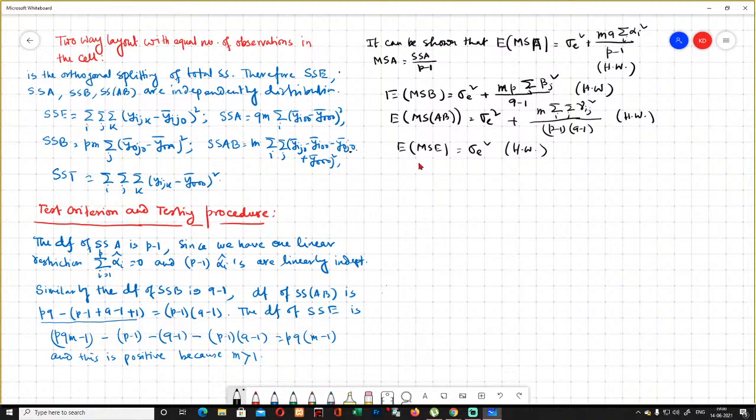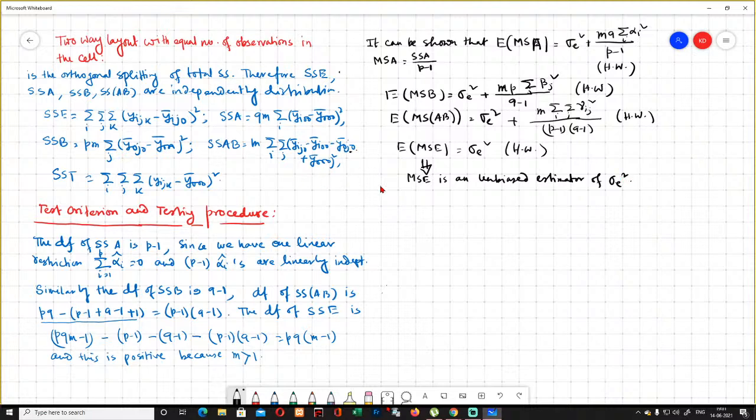So we see that MSE is an unbiased estimator of sigma E square.